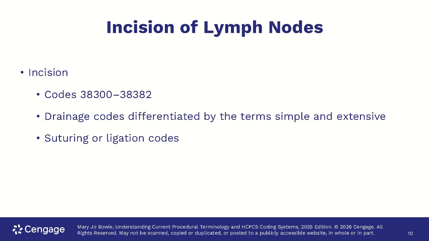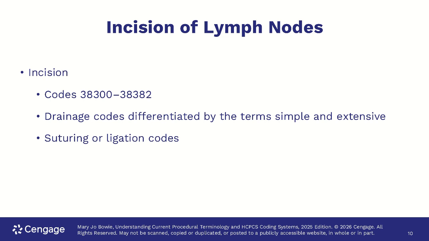Inside of these procedures, for the lymph nodes, you have incision, excision, lymphadenectomy, laparoscopy, introduction, and other procedures. As it relates to the procedure for incision, incisions are completed on the lymph nodes and lymphatic channels.